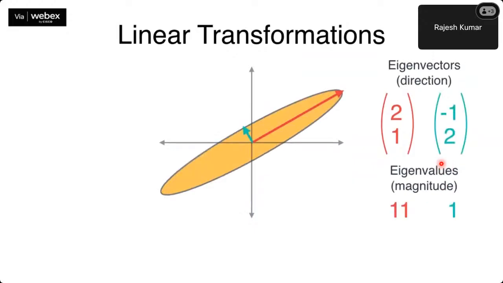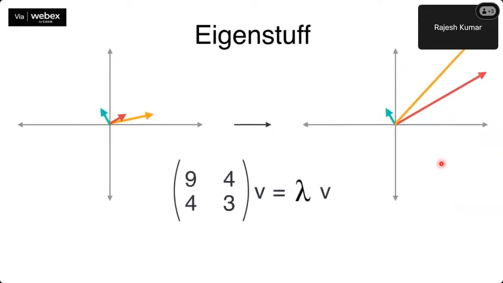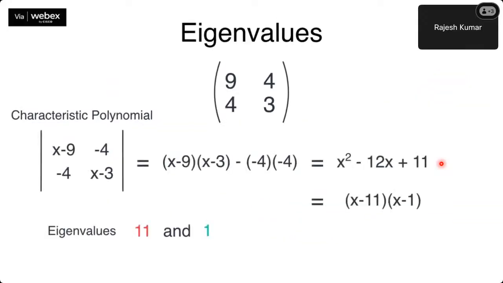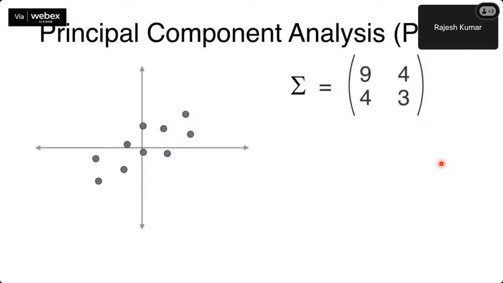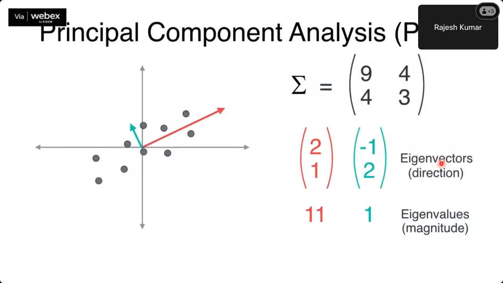Okay, so we have already discussed this part. How to calculate eigenvalues and eigenvectors I'm not explaining here, because everybody knows it, so I'm skipping that. So what do we do now? This is how PCA works. We develop the covariance matrix, find the eigenvectors and the eigenvalues, and then we can see which one is dominating.